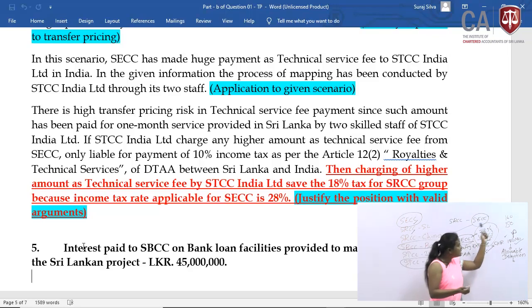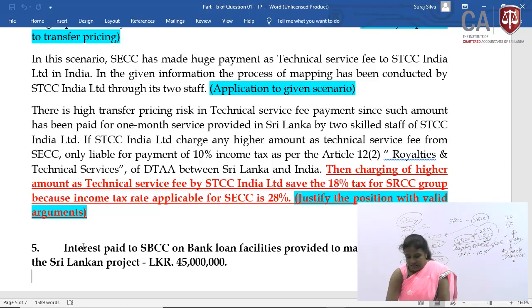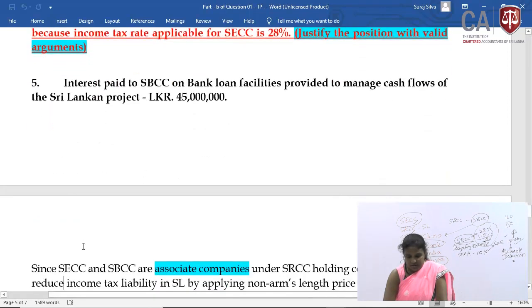Then from this 120 million amount, they are having a tax saving of 18%. I think it's very clear. Then justify the position with valid argument from the 4th para. We have the 3rd para, we have done that.